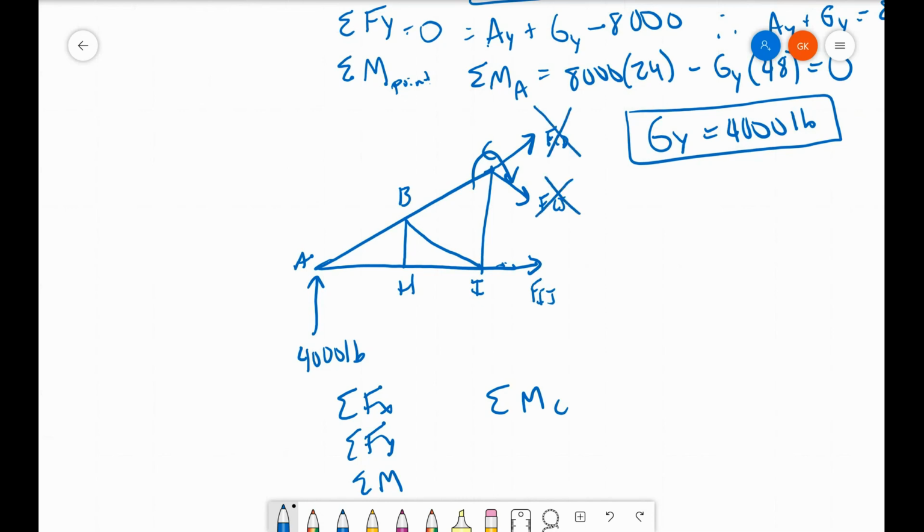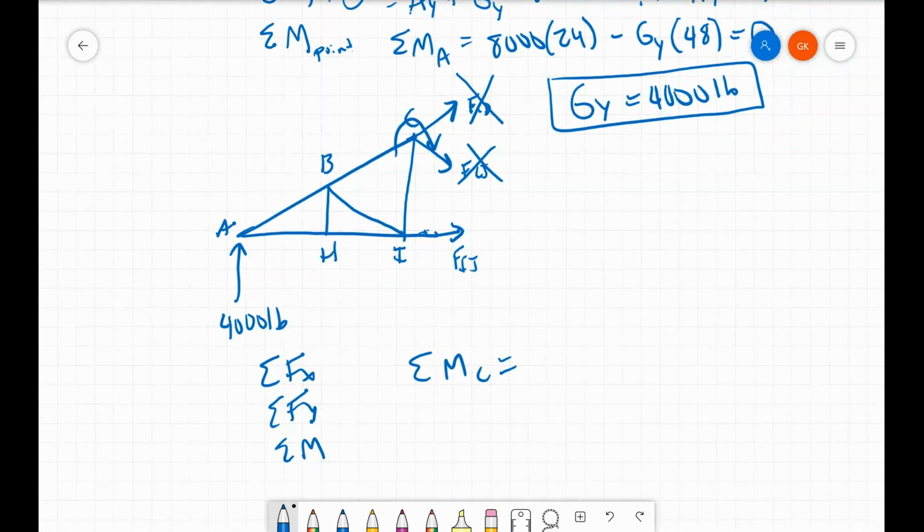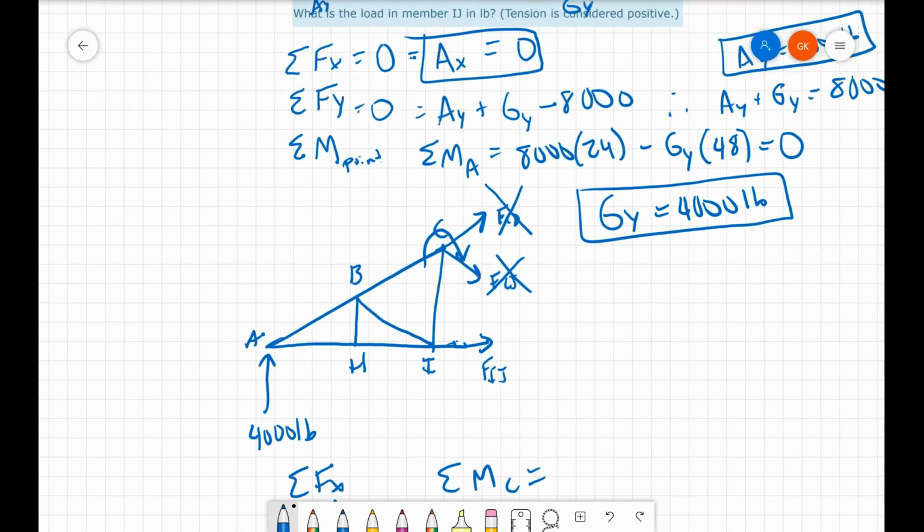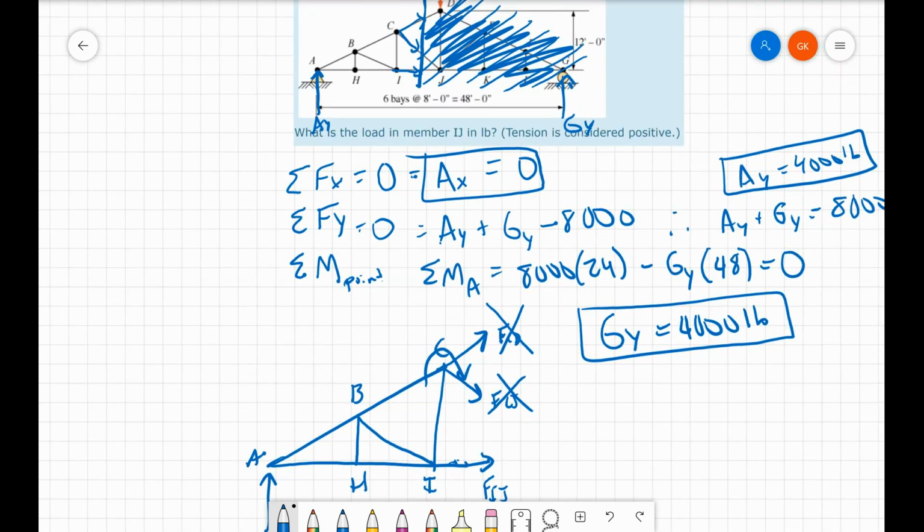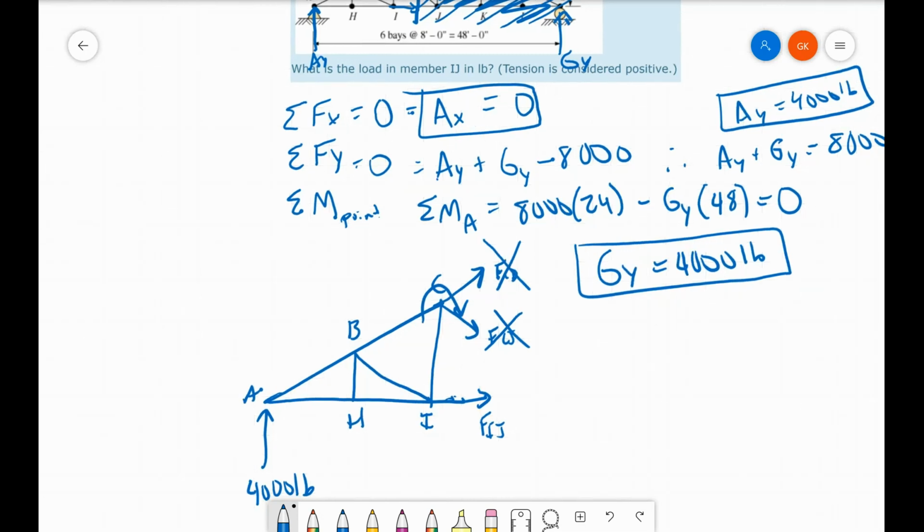They don't cause a moment around point C, which means I can solve this with just one equation. I do have to figure out how high that is. Let's see, it's 12. So that means 4 here. That'll be 4 more here, and then 4 more at the top. So that'll be 8 feet right there.